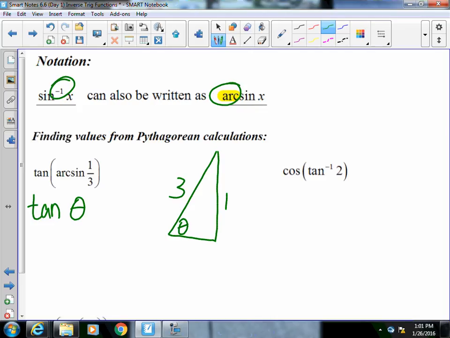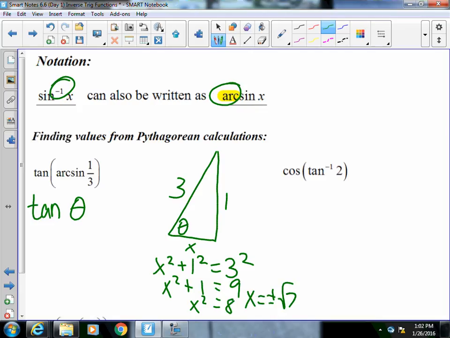That's okay. Knowing that, I know that this unknown side, I'll call x, that x squared plus 1 squared equals 3 squared. Which means that x squared equals 8, so x equals plus or minus radical 8, or 2 radical 2.